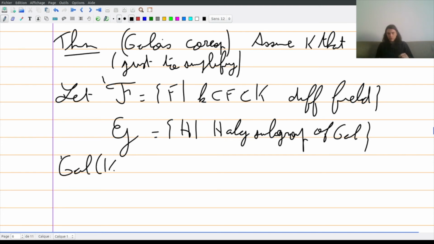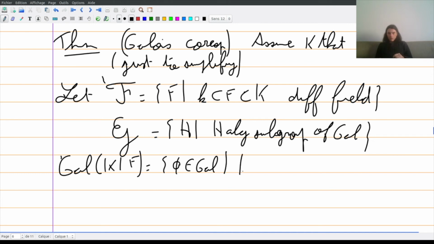So Gal of K over F: the element of the Galois group might be extended to an element through ring automorphism of K just by taking the quotient.